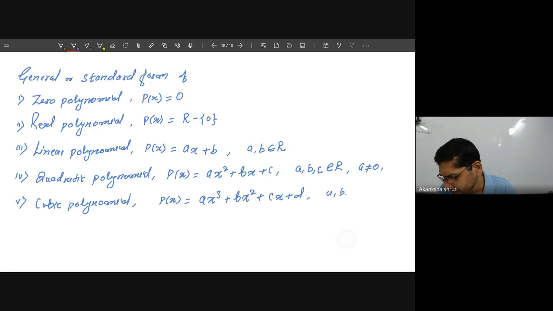Here a, b, c, d belong to the real numbers and a can never be 0. So a could have any real value. The x square, x cube terms decide the degree, which is the highest one, and accordingly the name is given. Okay, students, these were the general forms.